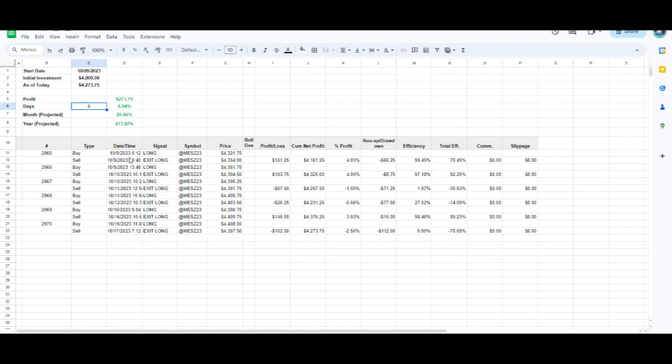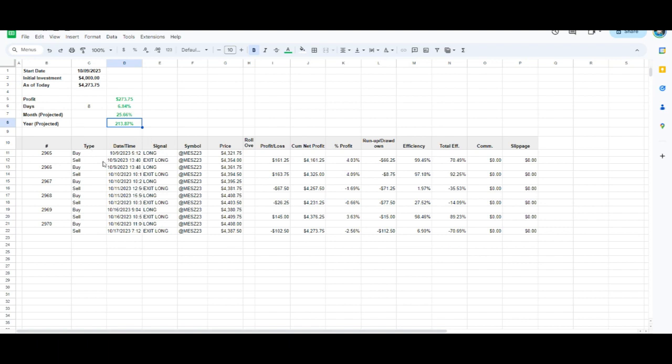We've been trading for the past 8 days since I activated this latest version of the trading algorithm. That's 6.84%. Monthly projected as of today, we're at 25.66. If we continue this kind of trading success, year projected return is 213%.